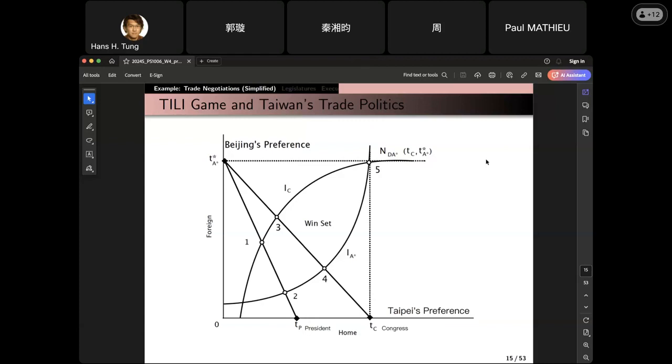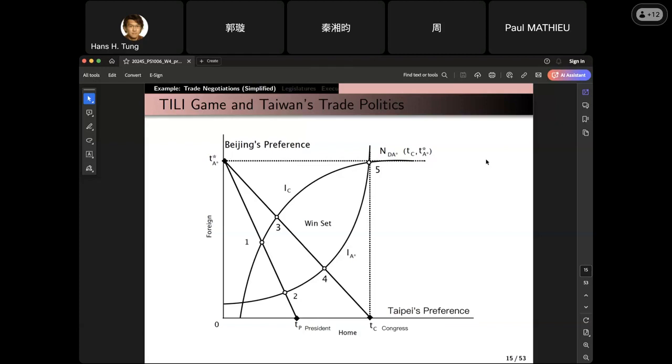Well, as I said, when the president decided to pick number 2 in here, basically the assumption is the president is very aware of the preferences of the Congress, right? So that's why he can draw this circle, right?